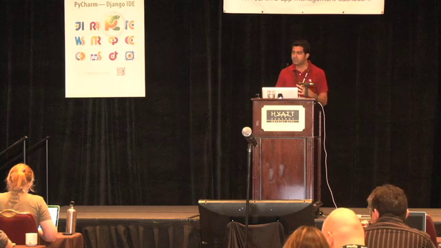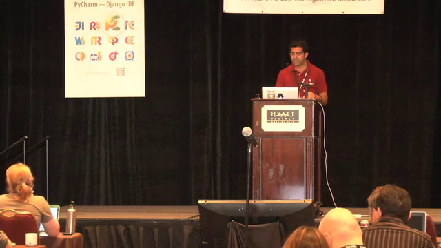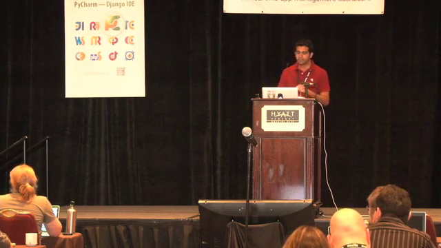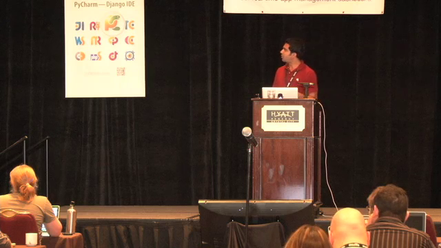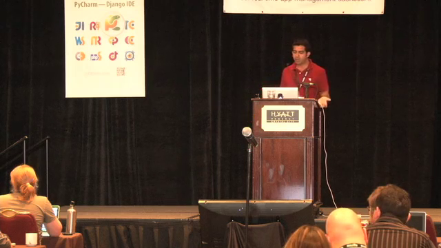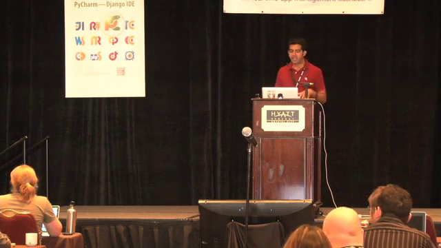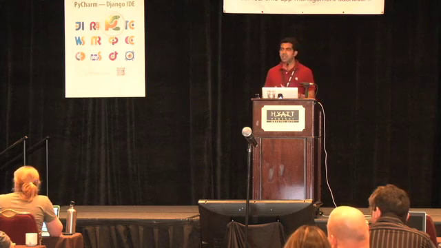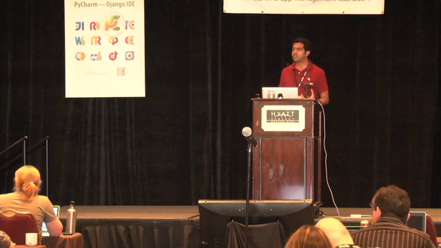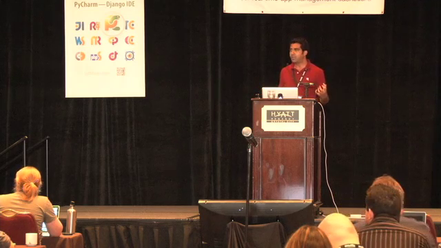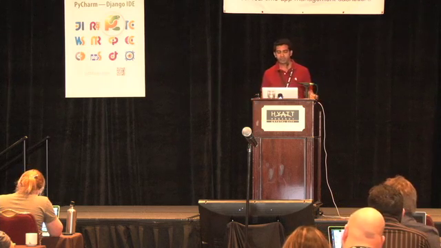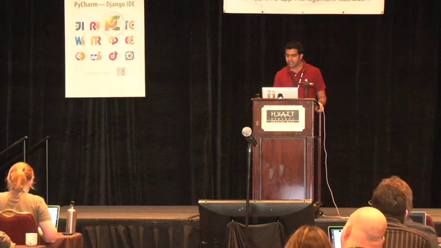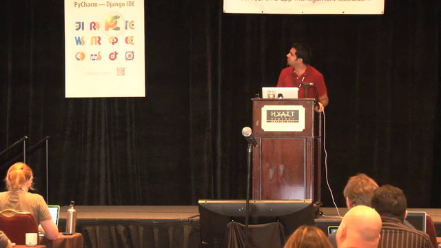So using Remote Forms is absolutely easy. Take a look at this. You instantiate your form, and then you say remote form, and you pass in your form, and then you say give me the dictionary back, and you just call remote form as dict. It will work. It will give you all necessary information and all metadata that's contained in a Django form back to you. Now this is how it looks when you serialize the form.